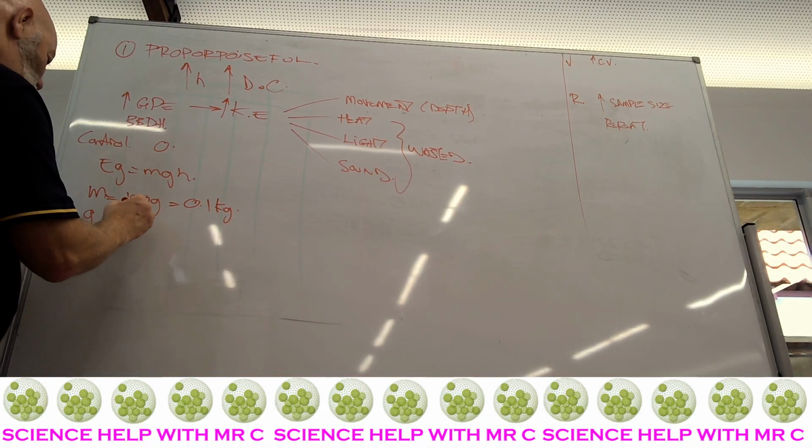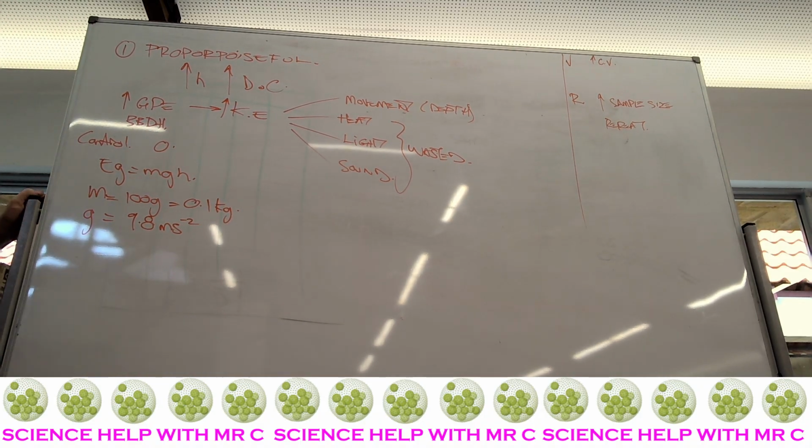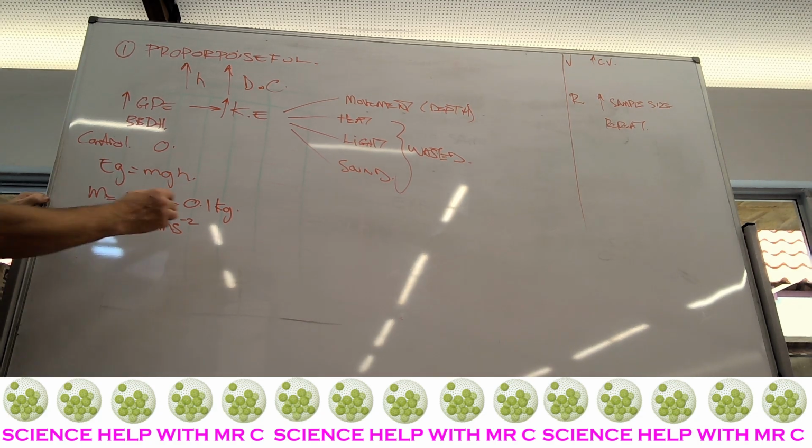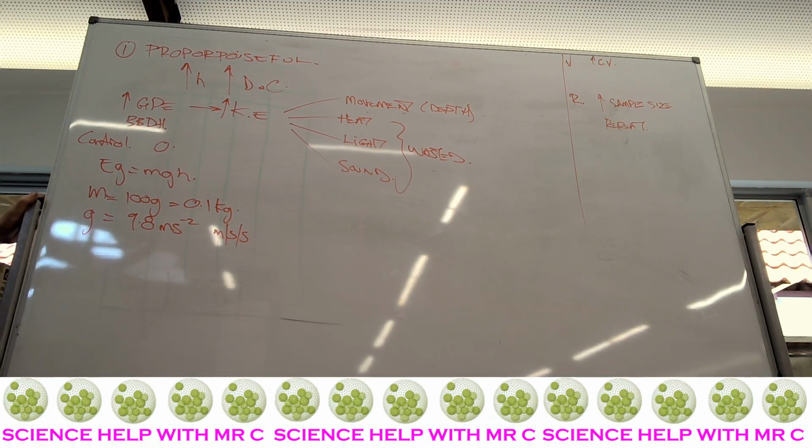What does per second mean? It means every second you speed up by another 9.8 meters per second. You can write it as meters per second squared, or you can write it as meters per second per second. It means the same thing.